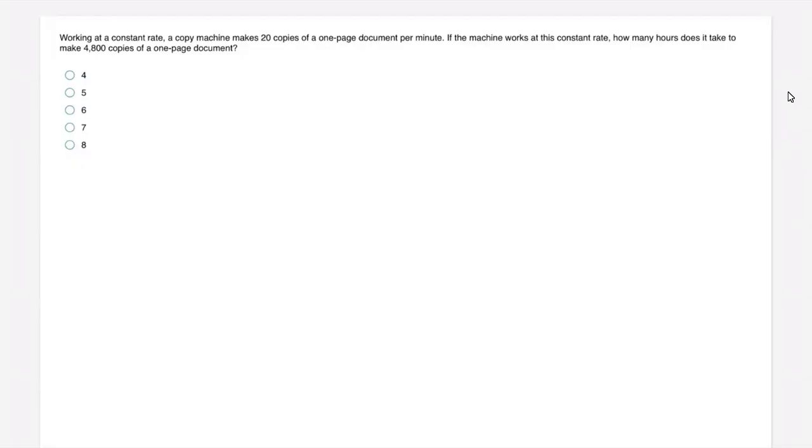Let's do it. Look, working at a constant rate, a copy machine makes 20 copies of a one-page document per minute. So I like rule of 3. Copies, minute. 20 copies per minute. Okay? If the machine works at this constant rate, how many hours does it take to do 4,800 copies?